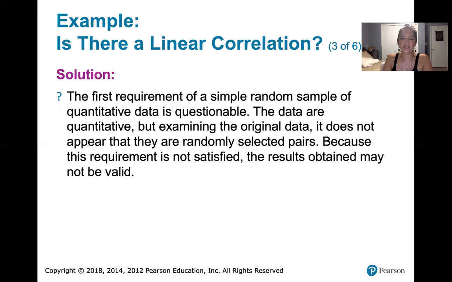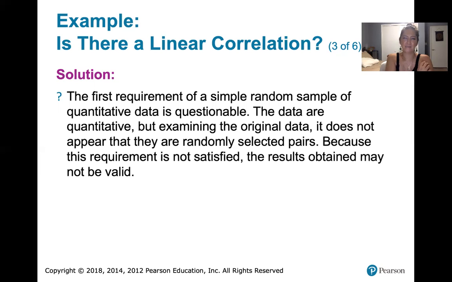Now, before we do anything else, we should verify that the requirements are satisfied. So we need to think about whether we have a simple random sample of quantitative data. Now, this one is actually questionable. We've got 23 data points, so that's data from 23 countries. But there's no reason that we should believe that that is a simple random sample of 23 countries from around the world.